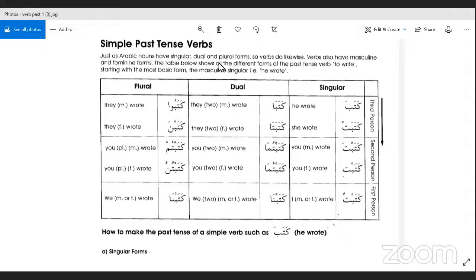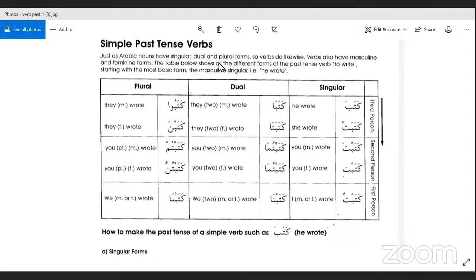Okay. And then we come into second person singular. You hit would be darabta. Correct. Then you two male hit would be darabtuma. Correct. And then you plural male hit would be darabtum.